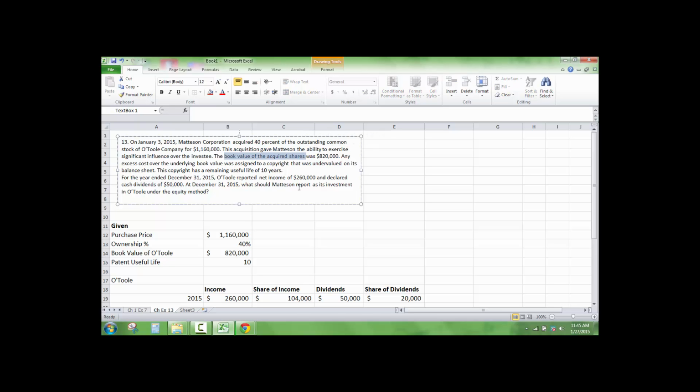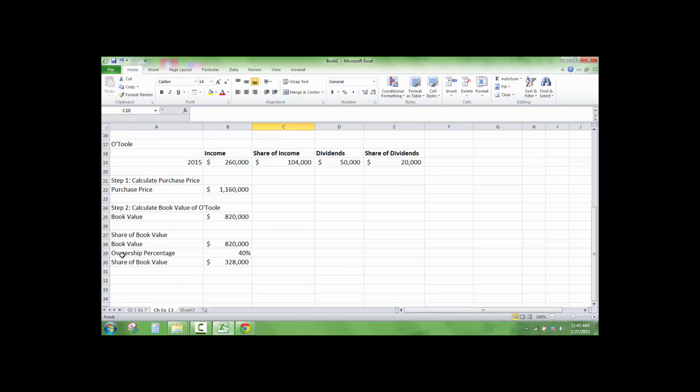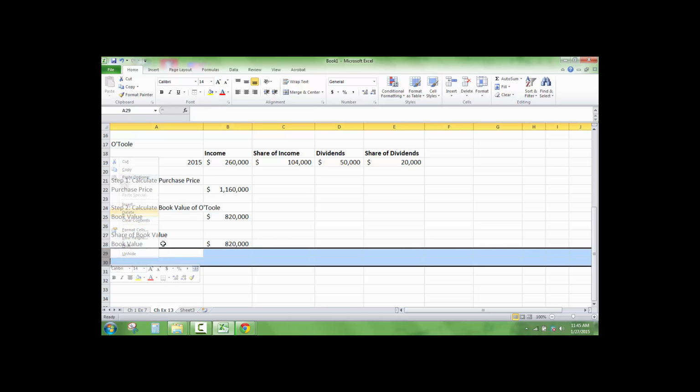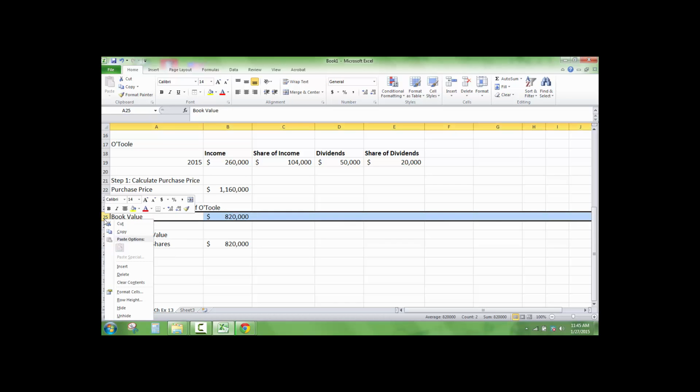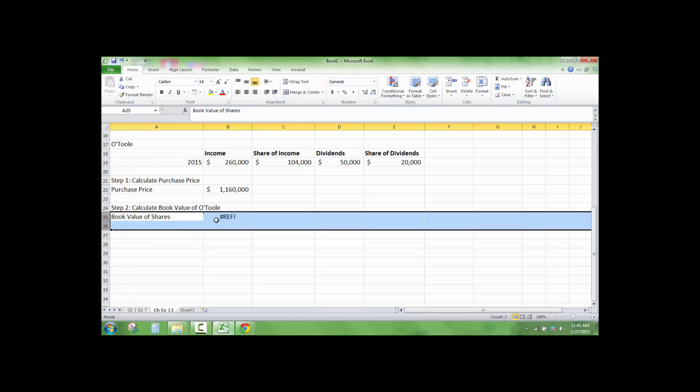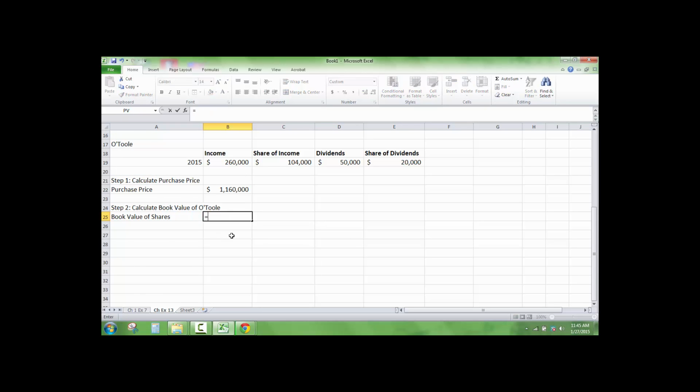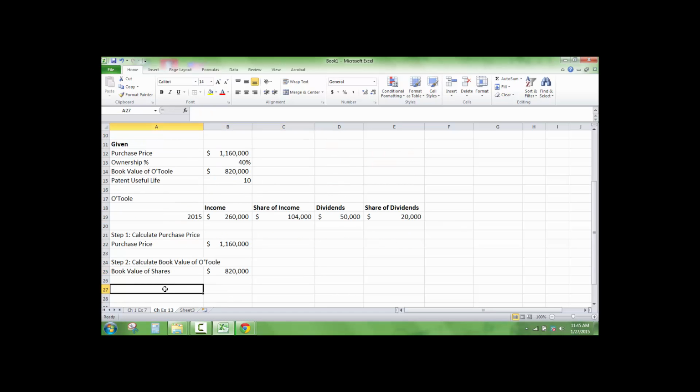They told us the book value of the shares that we purchased was 820,000, so we didn't even have to do those steps.